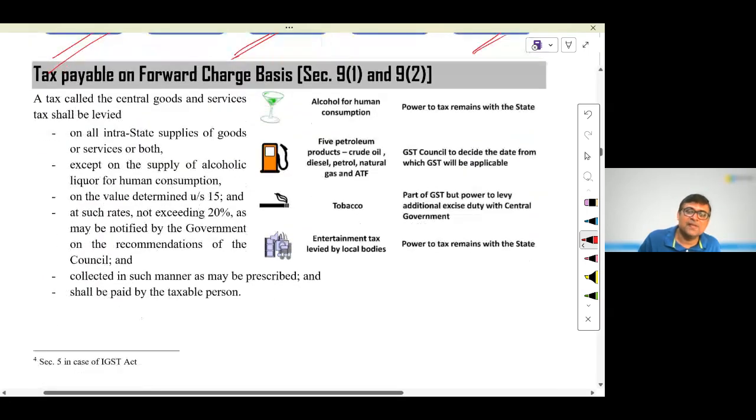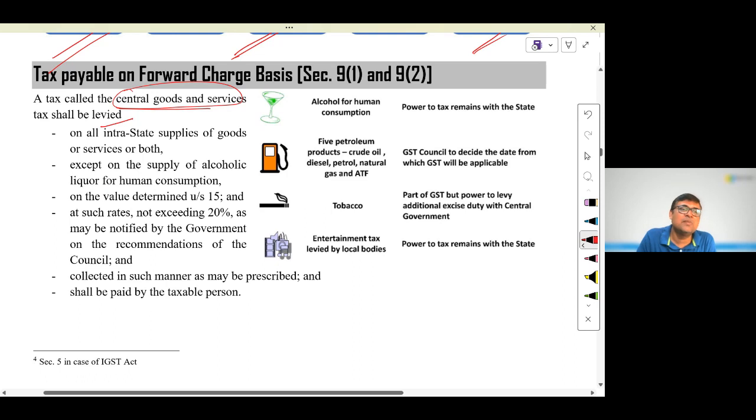Forward charge basis: ideally, the mechanism of GST depends on this forward charge basis. The ideal situation is that the supplier of goods or services is liable to pay GST. The levy is on that supplier of goods or services. A tax called Central Goods and Service Tax shall be levied. Be careful, it's CGST.